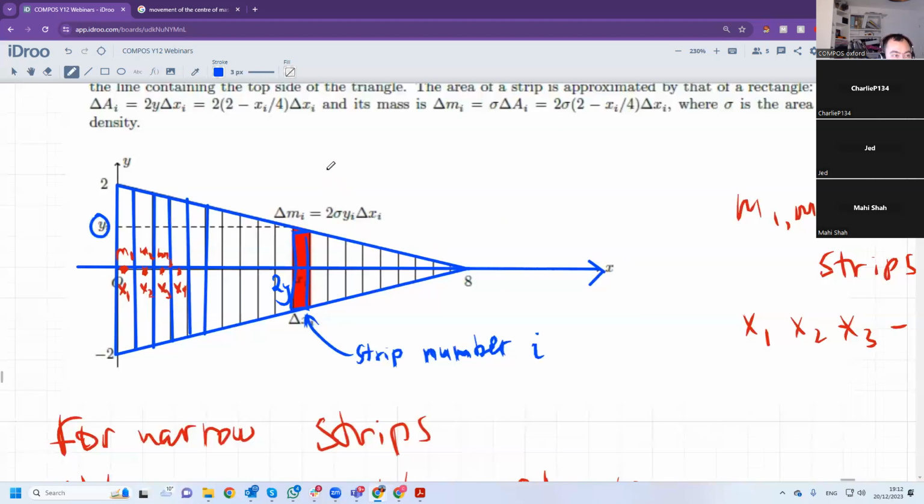So the area is equal to 2yi multiplied by delta xi. And the mass is this multiplied by sigma. So that's where we get the expression for the mass of this strip. And the position of the strip is xi.